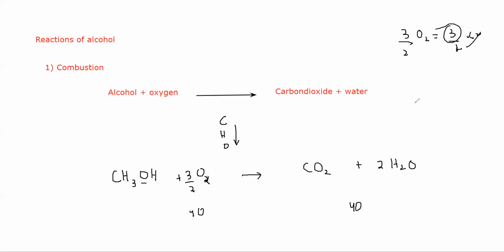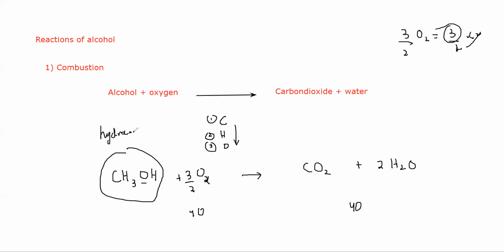Is it clear? You start with carbon, followed by hydrogen, and at the last oxygen. A combustion equation always starts with carbon, hydrogen, and then oxygen. Is this alcohol a hydrocarbon? Yes or no?